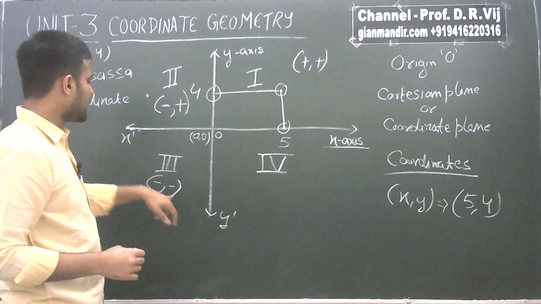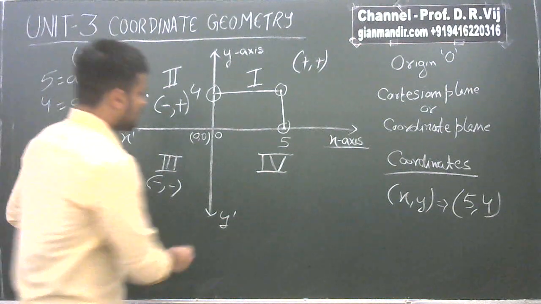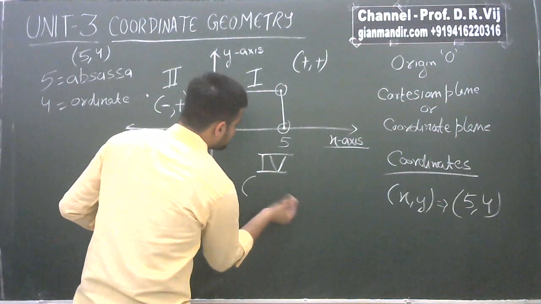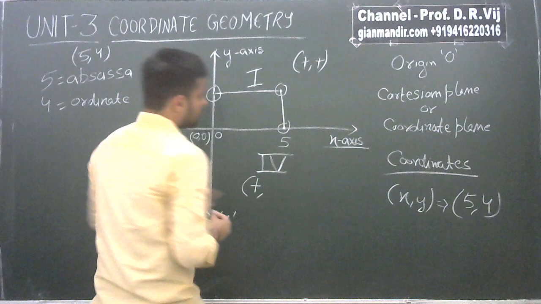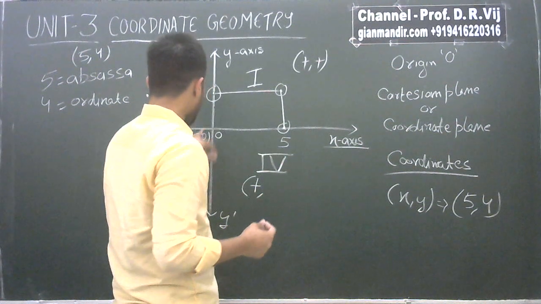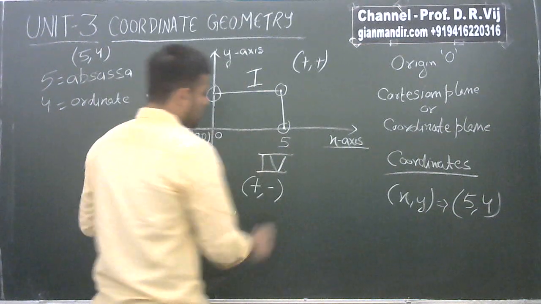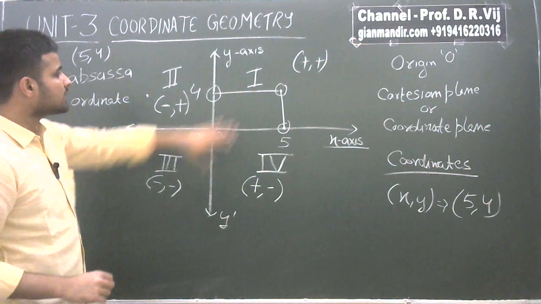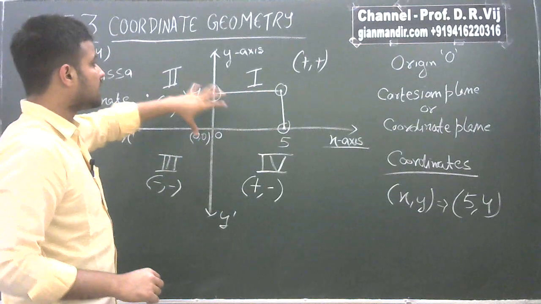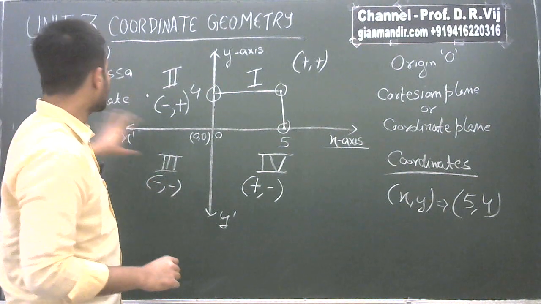Abscissa is negative and ordinate is also negative. And in fourth quadrant, abscissa is positive, and ordinate is negative. So these are some basic terms you should know before starting this unit.